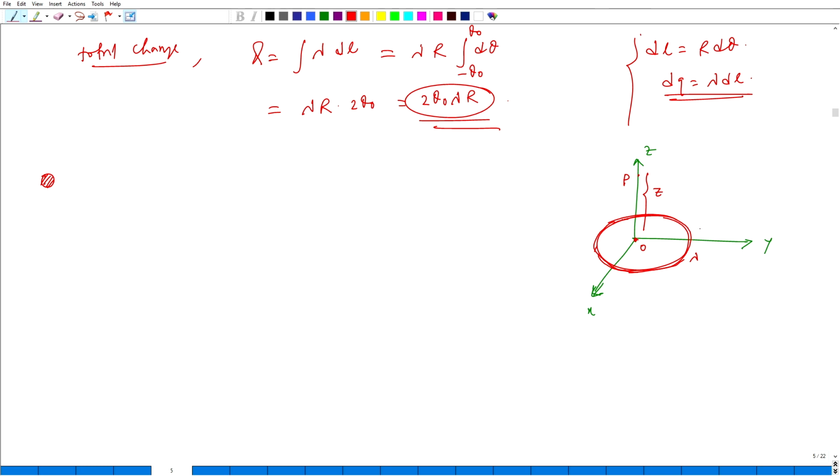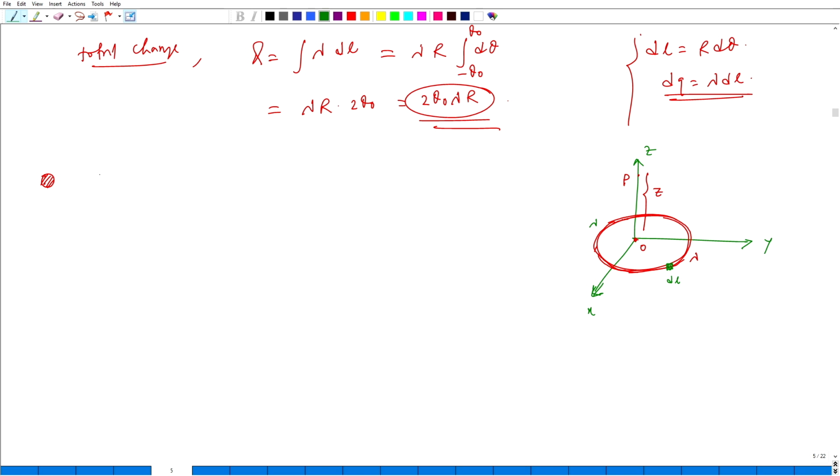To do this, we first consider a small strip with a charge dq. The length of the strip is dl, similarly as before, and the charge distribution is uniform over the entire ring.